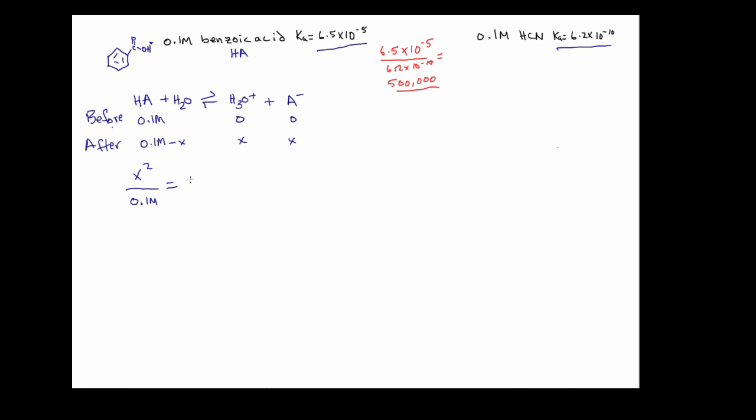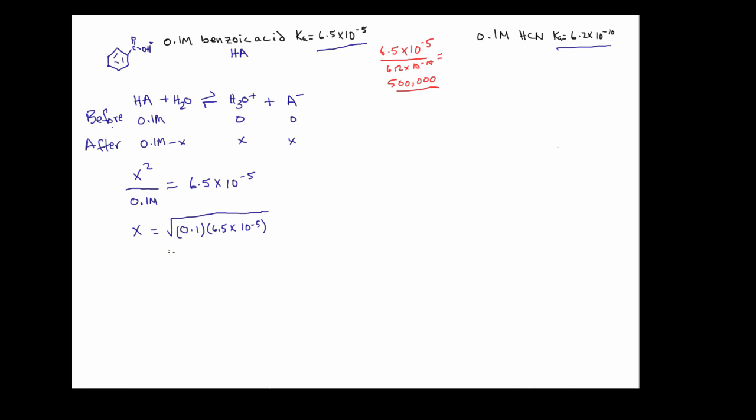So this whole thing is equal to 6.5 times 10 to the minus fifth. The x value will be equal to the square root of 0.1 times 6.5 times 10 to the minus fifth.